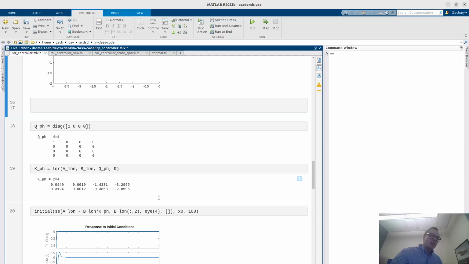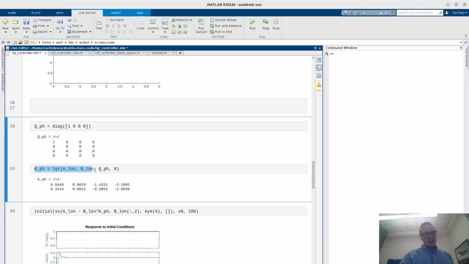Okay, so what if we want to get rid of the phugoid mode now? So what's the most important? So the phugoid mode, again, just to show it one more time, is an exchange of potential energy and kinetic energy. So this involves large oscillations in the forward velocity delta U. So I can just change my Q matrix, my state penalty matrix, to have a 1 in the delta U position.